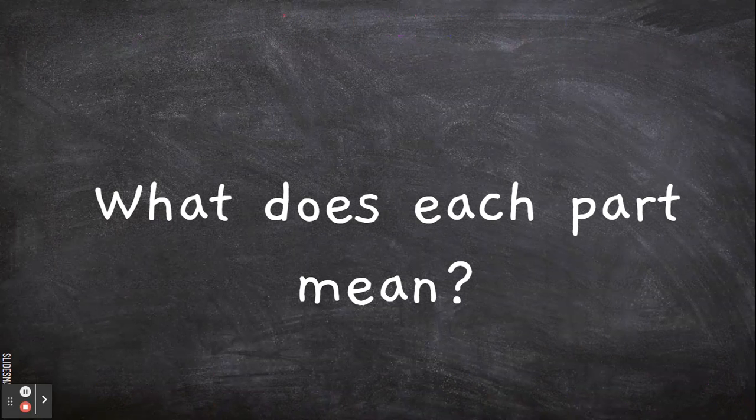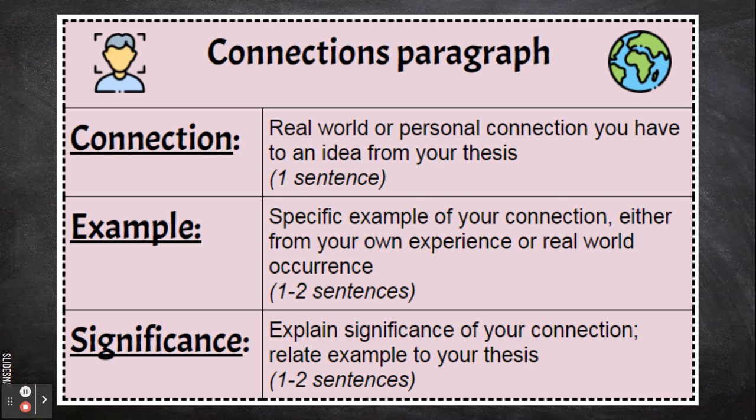What does each part mean? The connection is one sentence. You share a real world or personal connection that you have to an idea from your essay thesis. Second, you give an example. This is 1 to 2 sentences. Here is a specific example of your connection, either from your own experience or from a real world occurrence.